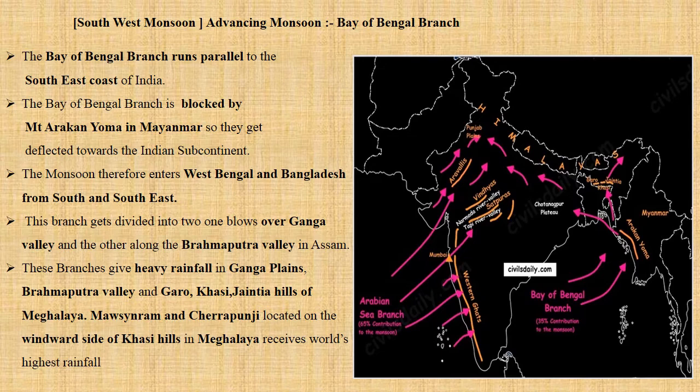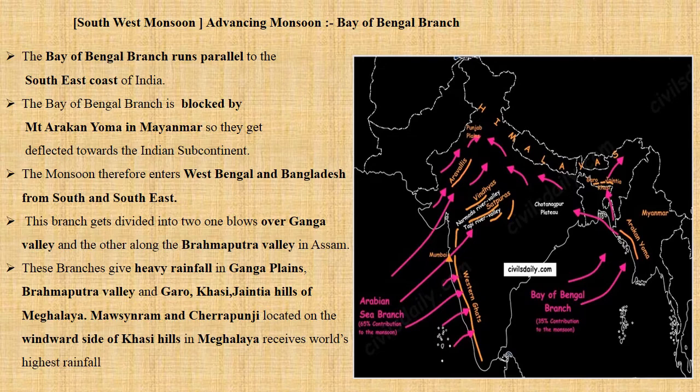If we go back to the Bay of Bengal branch movement, some winds of this branch, as they hit Garo Khasi Jaintia Hills perpendicular, the northeast part of our country receives heavy rainfall from the Bay of Bengal branch. The northeast part of our country has hilly regions.